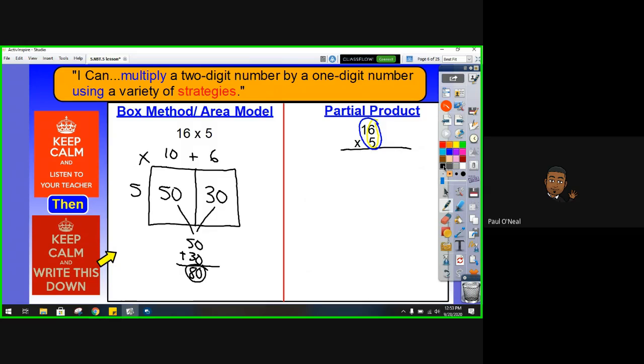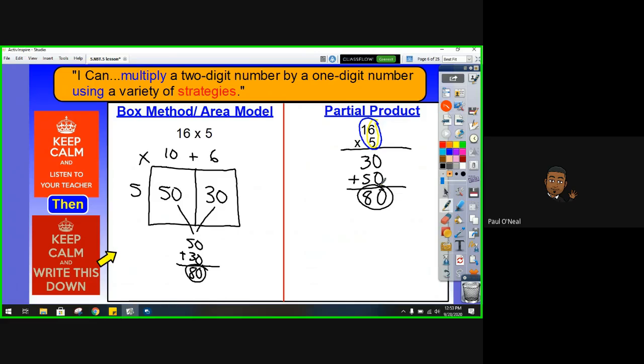Okay, so 6 times 5 is 30. All right, 10 times 5 is 50. All right, I solve that and I get 80. Same answer, okay? So again, I want you to choose which one works better for you. Maybe you feel area model is really helpful, and I understand that.